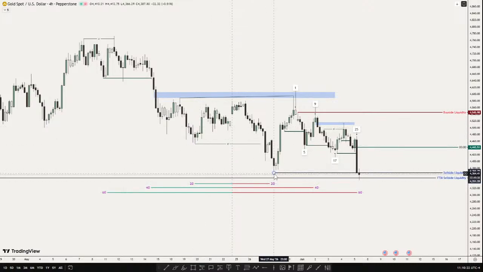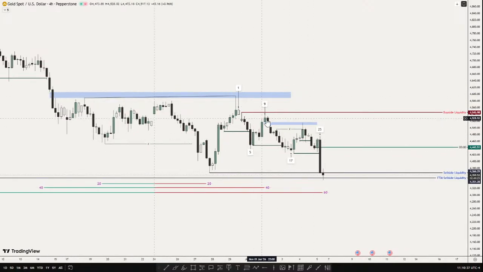Price swept this liquidity out. From this, it shifted its structure, gave a short-term reversal towards the buy-side liquidity here, which is again in the 40 candles interval, tapped into our point of interest, which is the fair value gap, and then started its leg here, which was a very clean leg of bearish price action.